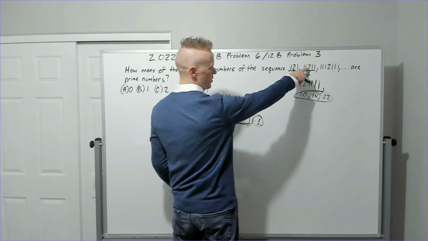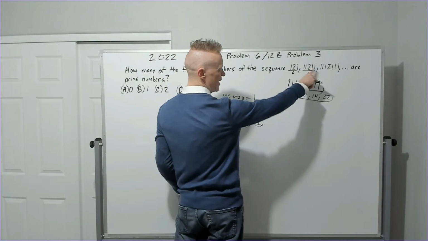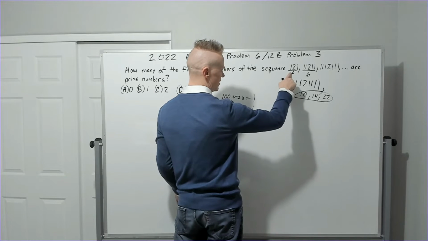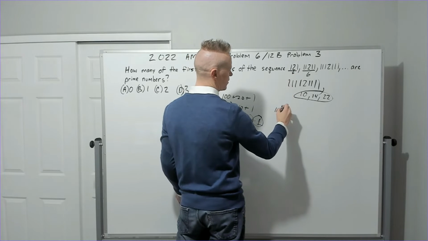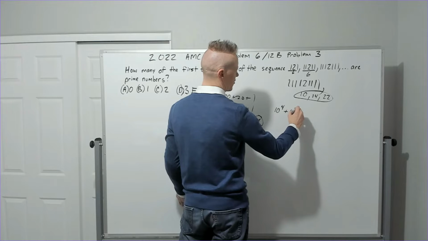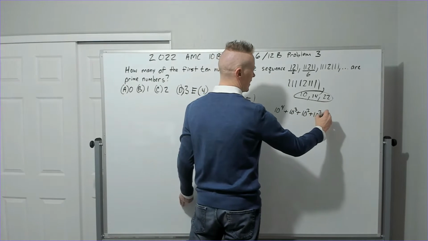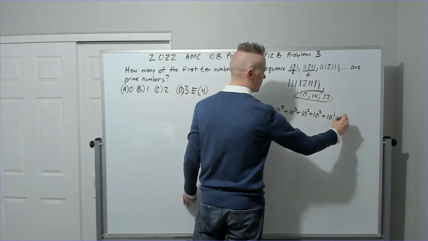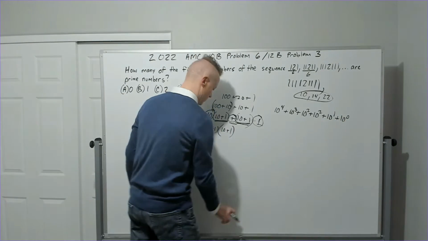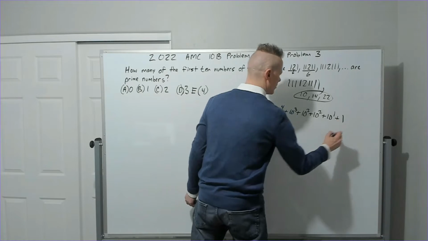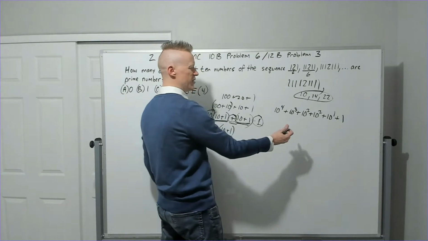Let's go to the next one over here. This is 10,000, which is going to be 10 to the fourth, plus 10 to the third, plus 10 squared, plus 10 squared, plus 10 to the first, plus 10 to the 0, or just plus 1 if you prefer. Okay, so notice what we did again.